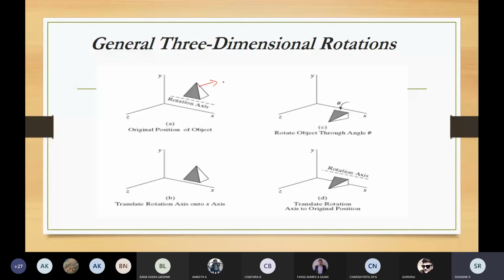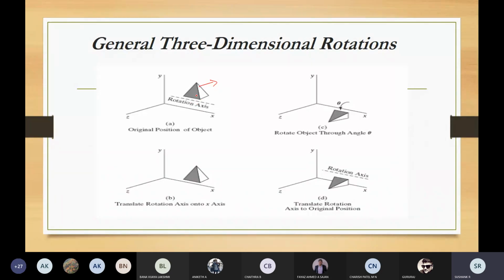First, they will translate this object in such a way that it will coincide with the coordinate axis, or be parallel to the coordinate axis.